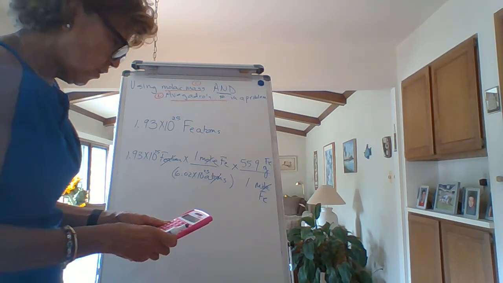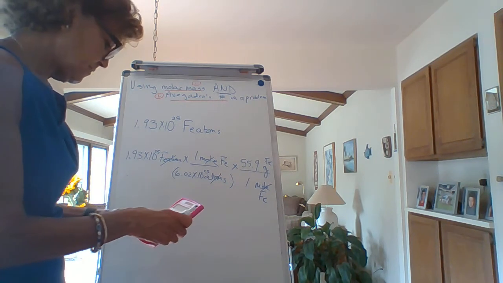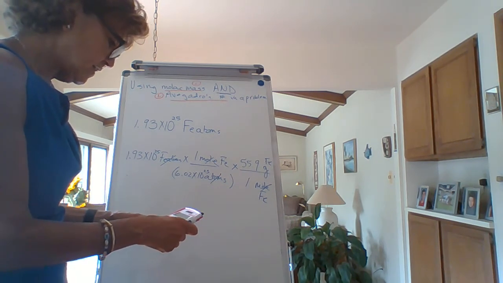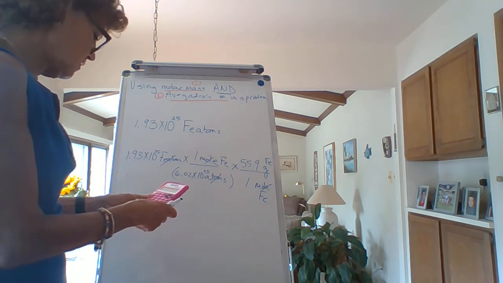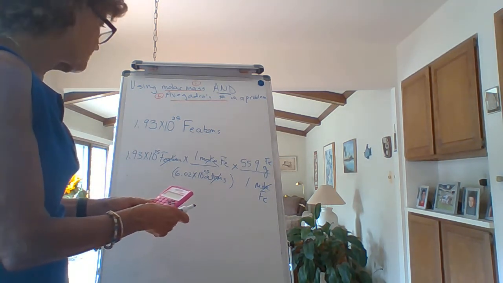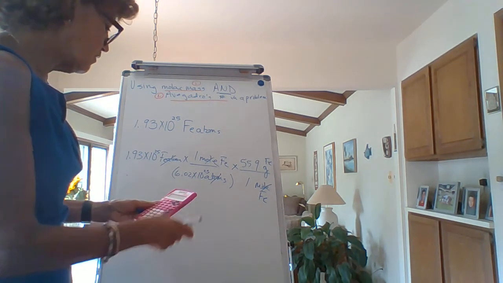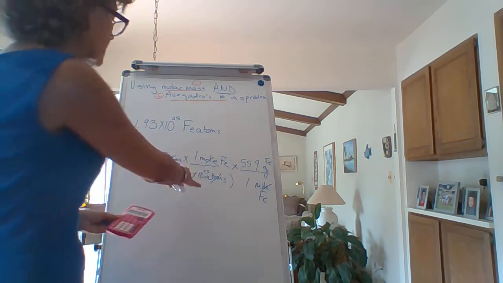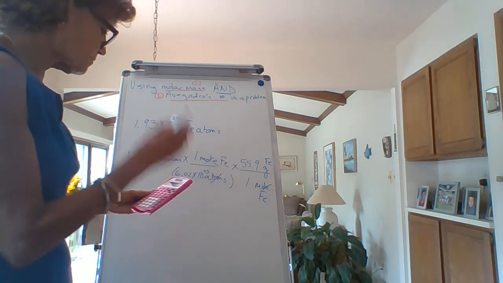Now we just need to pick up our calculator and plug everything in correctly. So we're going to go 1.93 times 10 caret 25 divided by, open parentheses, 6.02 times 10 caret 23, close parentheses, and then multiplied by 55.9.